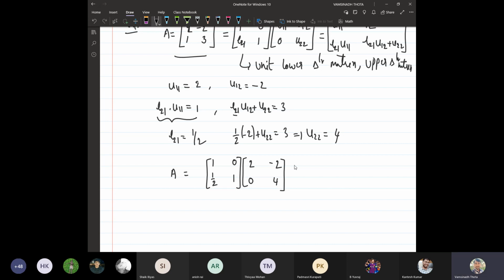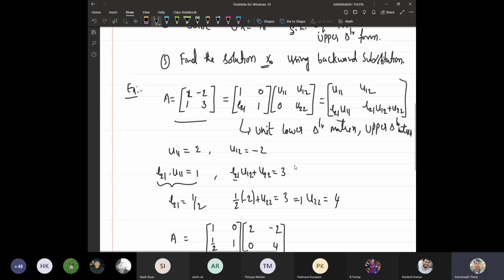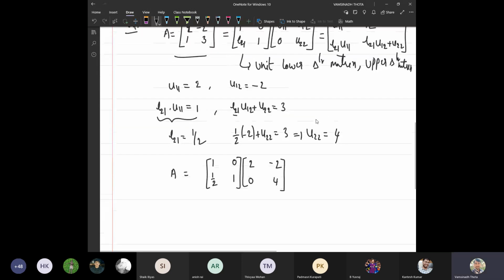Now the same technique you can use by considering a lower triangular matrix and a unit upper triangular matrix. But here you need to understand that some situations may happen. For example, while evaluating L21, we have divided by U11.